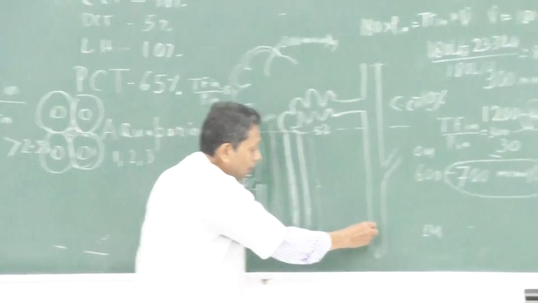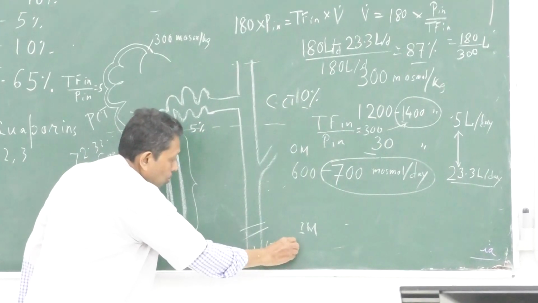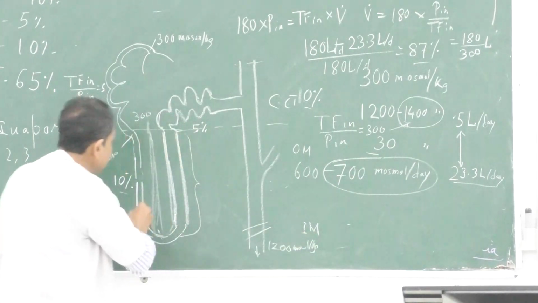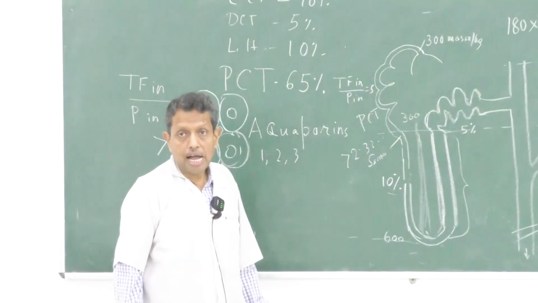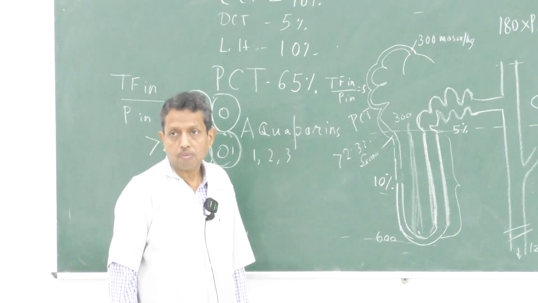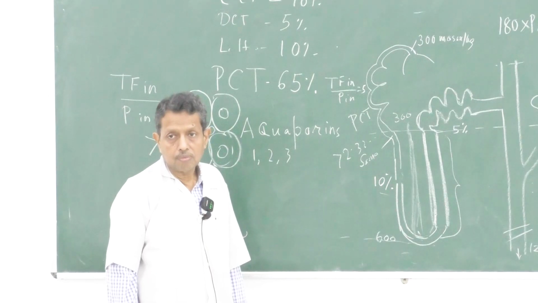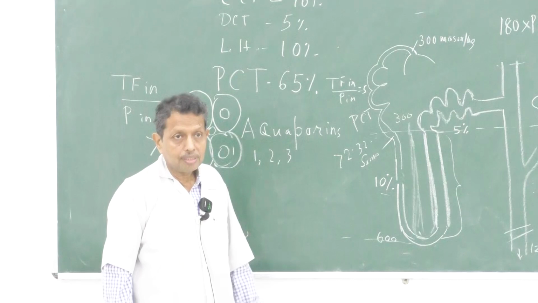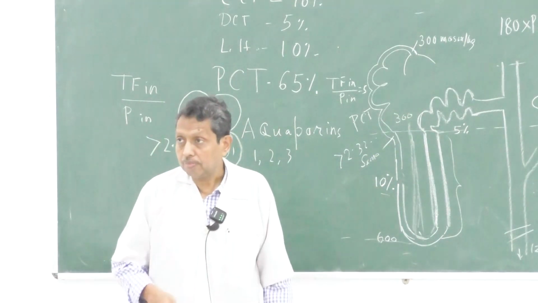And at the level of the papillary collecting duct, it is 1200 milliosmol per kg in the interstitial fluid, and it is produced. Clear? That is, the osmotic gradient is produced in the interstitial fluid of the cortex.